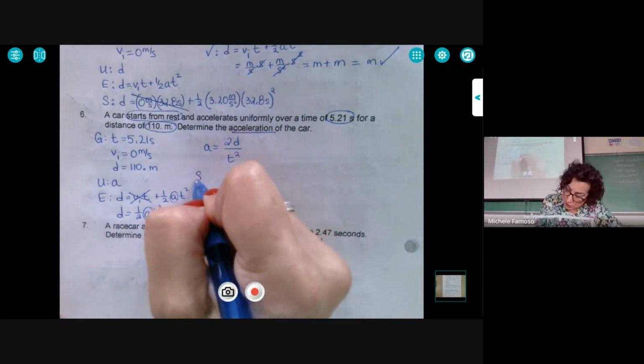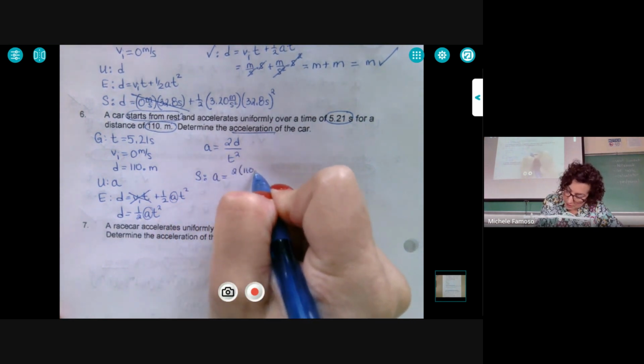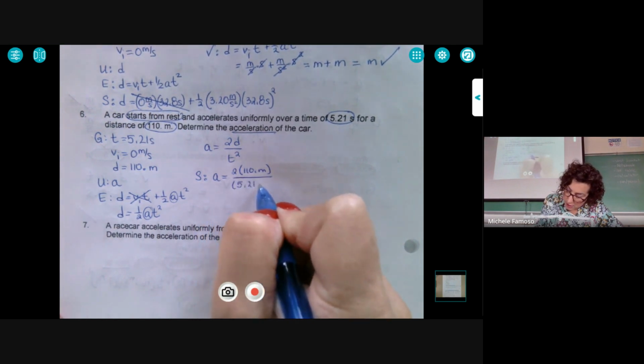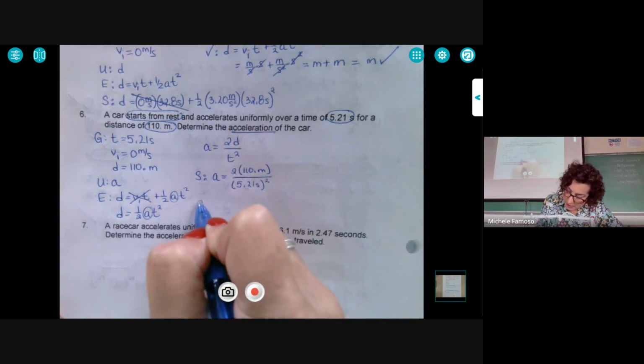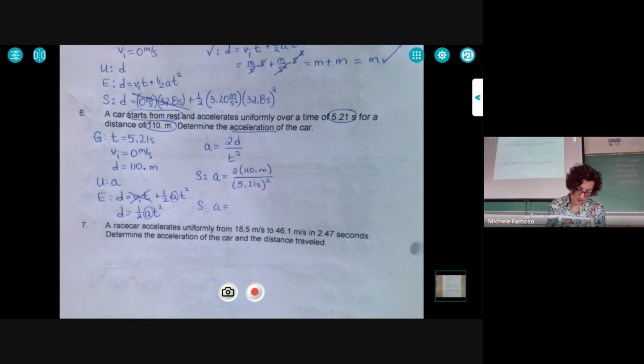Now I'm going to do my substitution with units. 2 times 110 point meters over the quantity 5.21 seconds squared. All right, go ahead, get an answer, please, with proper units, sig figs, and direction.